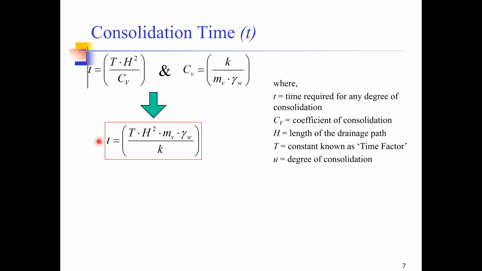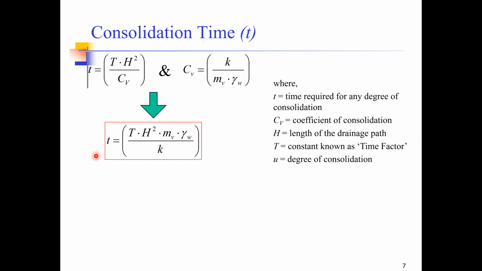By using this equation, we can determine the consolidation time as time factor times the length of the drainage path squared times unit weight of water times compressibility index divided by the coefficient of permeability of soil.